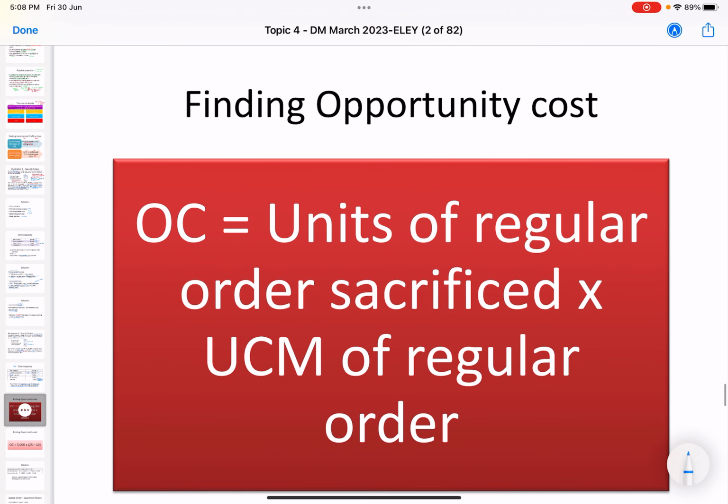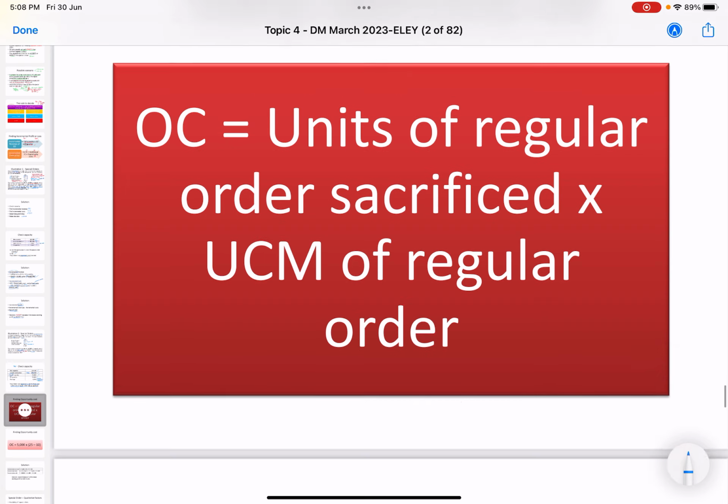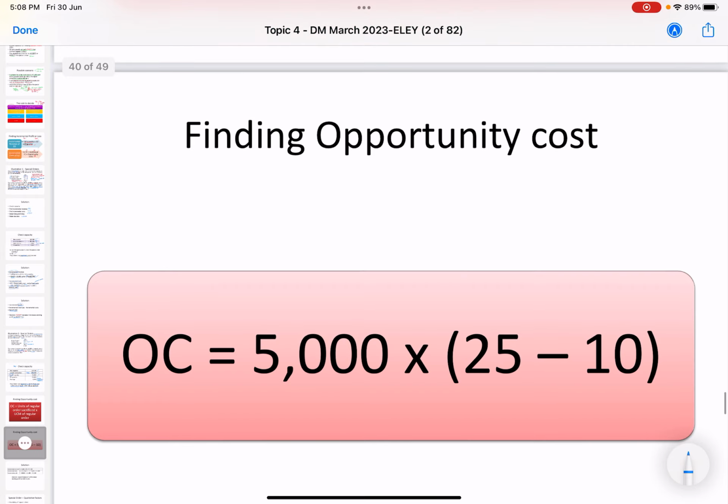How do we find opportunity cost? The same formula which I have introduced to you under the make or buy chapter, which is units of regular order sacrificed times the UCM of the regular order. So, actually, opportunity cost is UCM times units lost, right? Okay, UCM, you already learned from CVP.